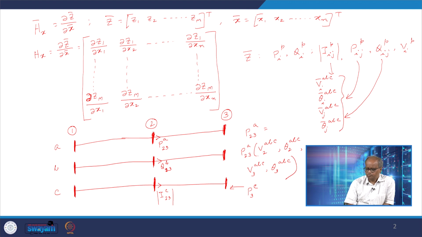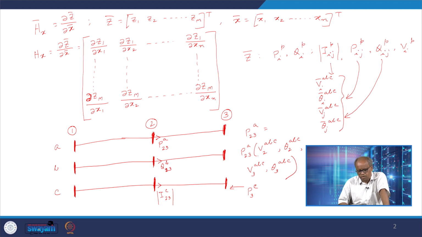So, P3C would be a function of all the bus voltage magnitudes as well as the angles. Any injected quantity would be a function of all the bus voltage magnitudes and the angles, but any measured line quantity, either real power flow or reactive power flow, or the magnitude of the current, would be a function of the quantities associated only with the two terminal buses, right.